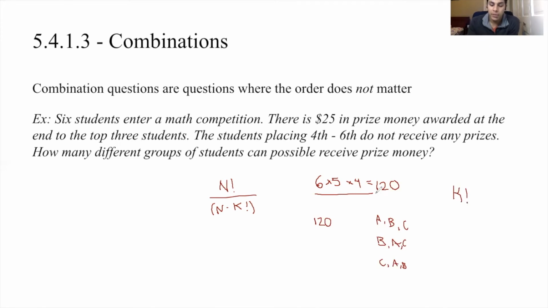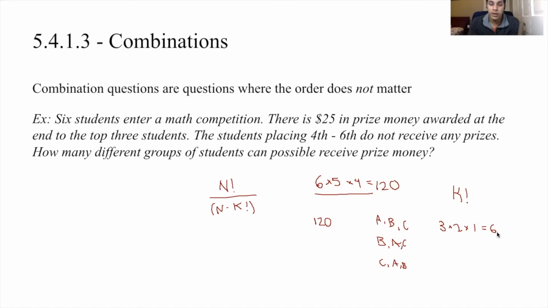So now we have how many students there can possibly be in the top 3. And among those students in the top 3, there are 3 possible students who can come in 1st, 2 who can come in 2nd, and 1 who can come in 3rd, which means 3 times 2 times 1, or 6, is the amount of combinations you can have among 3 students who are in those top 3 for what order they're in.